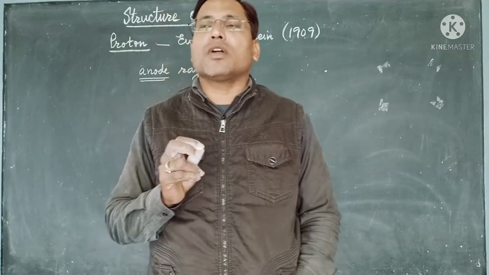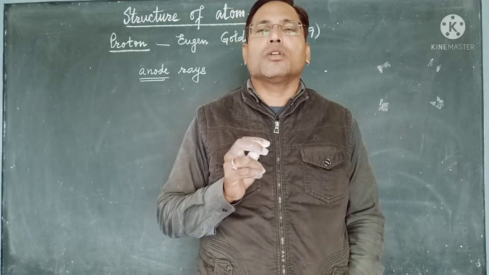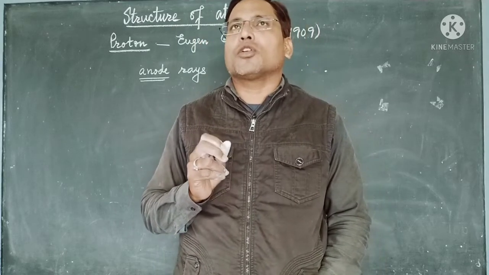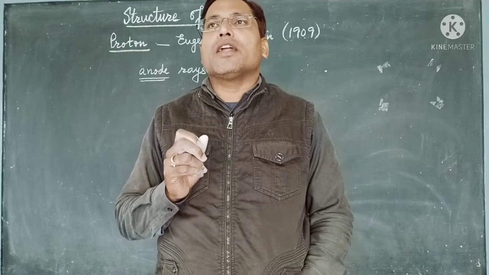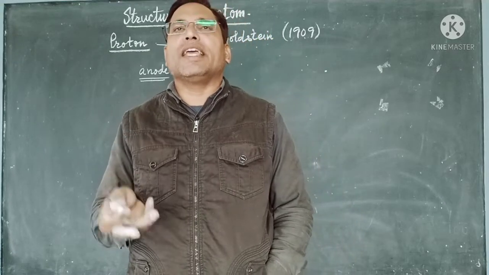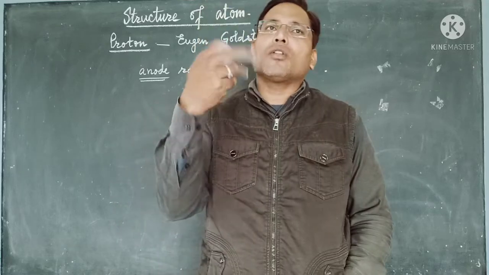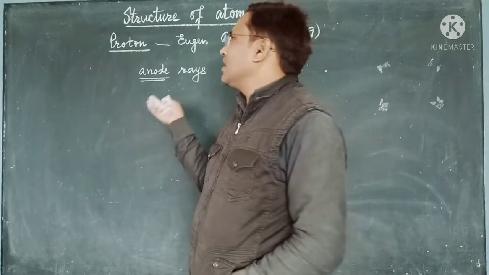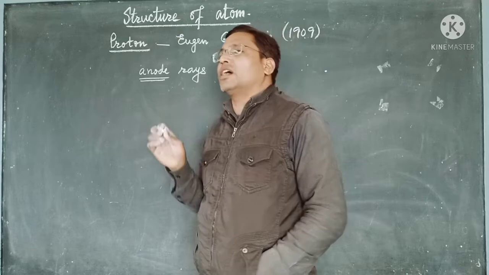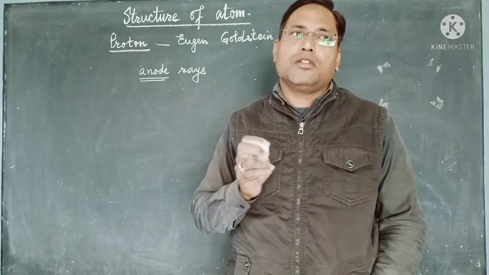Hydrogen has one electron, one proton. Other elements have more than one. So which gas we take in the discharge tube determines the emission of the anode rays.